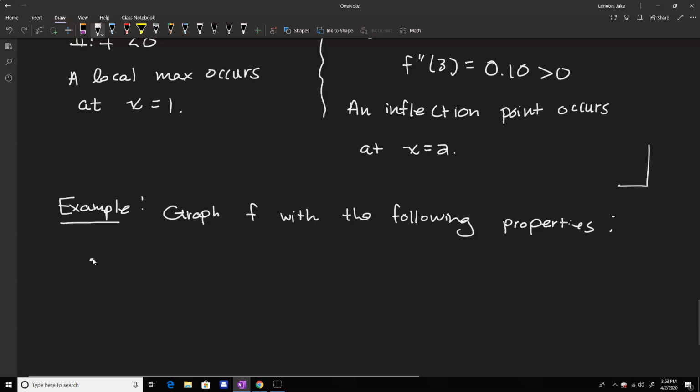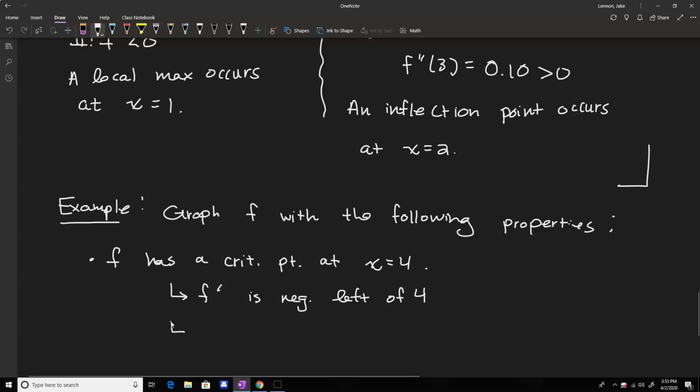So first, let's say f has a critical point at x equals 4, and we know f prime is negative left of 4, and f prime is positive right of 4.